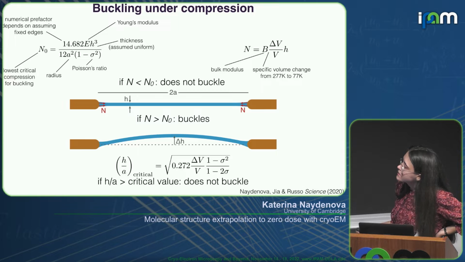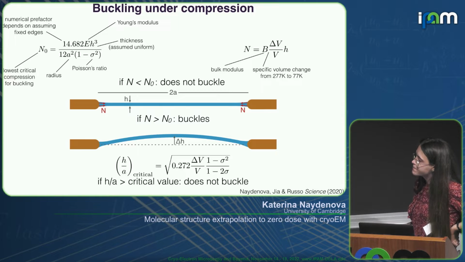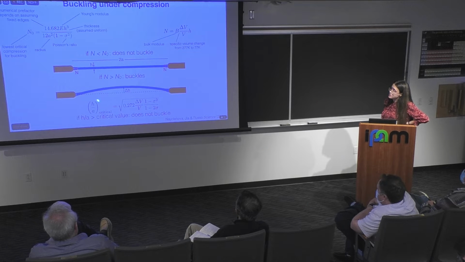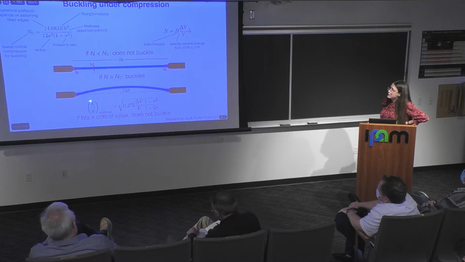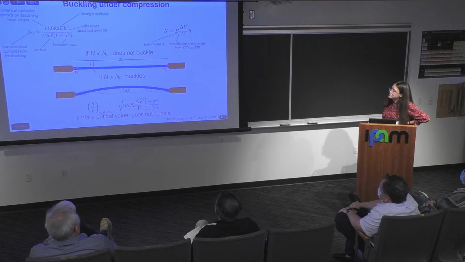And then if we combine these two equations, we actually obtain an equation for the critical aspect ratio of the thickness to the radius of the ice in the hole, above which this unsupported ice is actually stable and it will not buckle during freezing.